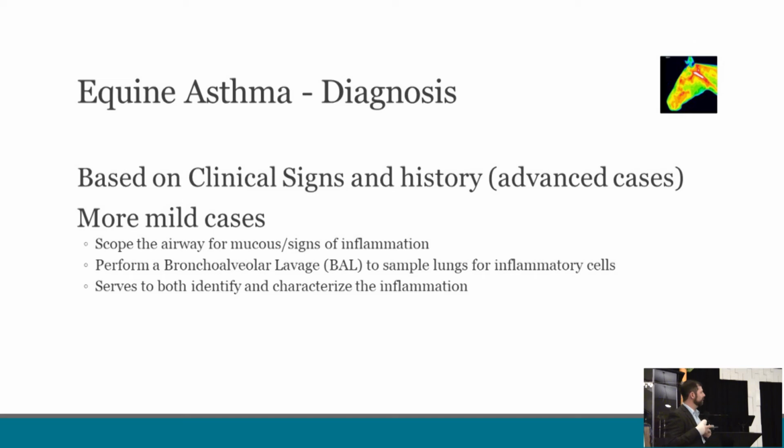The other thing we can do is sample the lungs with some fluid. This is called a bronchoalveolar lavage, and then look for evidence of inflammatory cells as well. By doing this, we can both identify and characterize the inflammation. In other words, does the horse have signs of inflammation in the lungs, and if so, how bad is it?